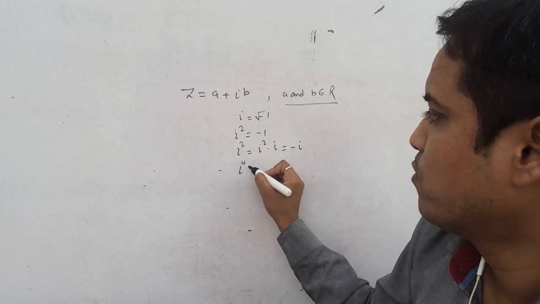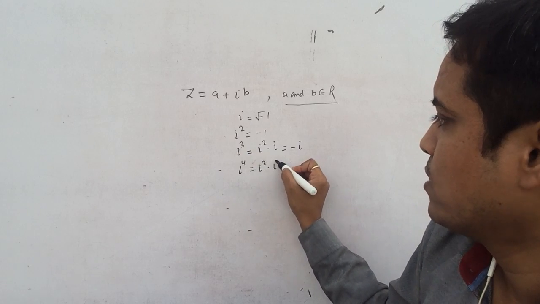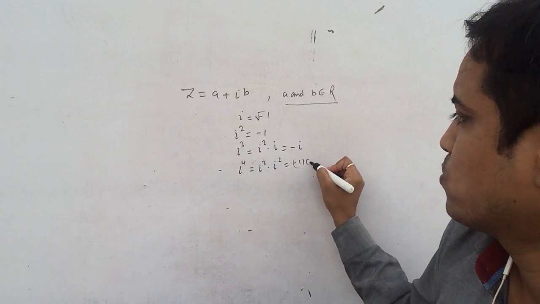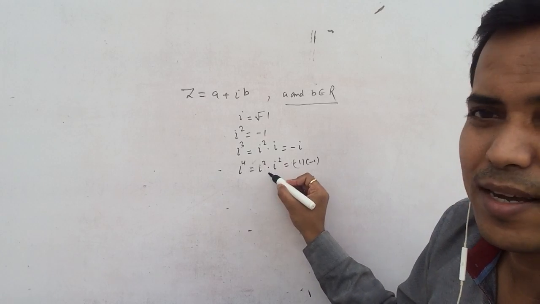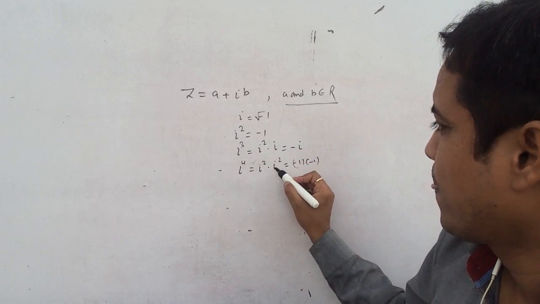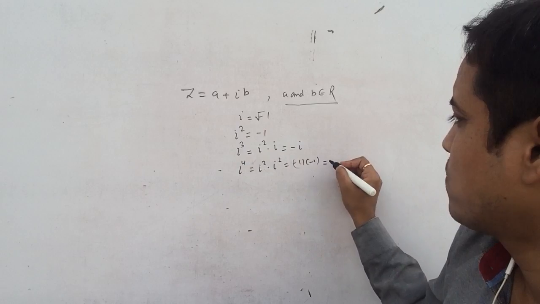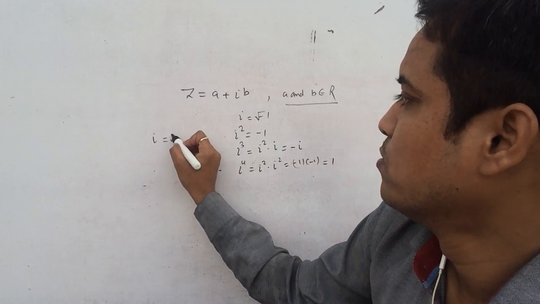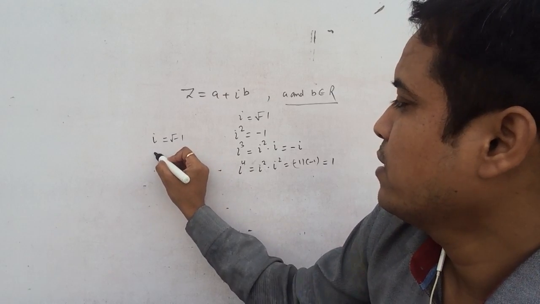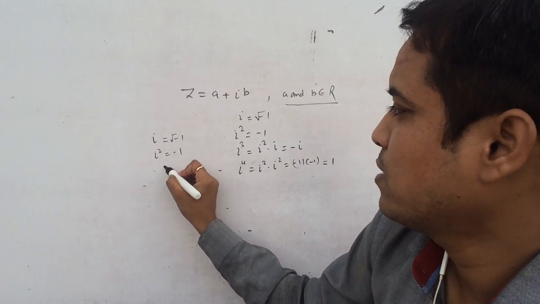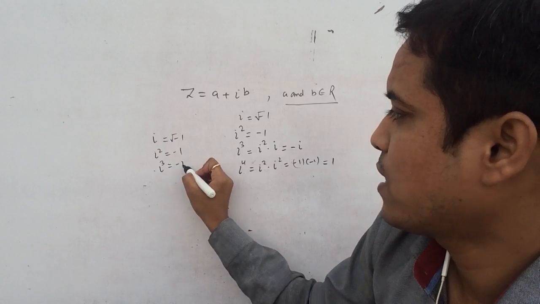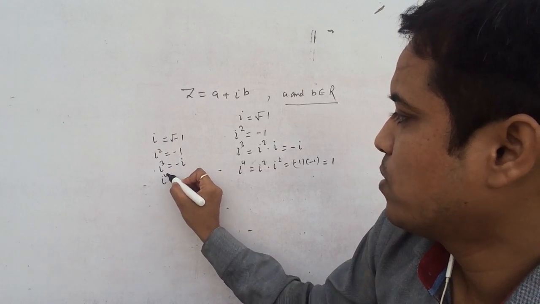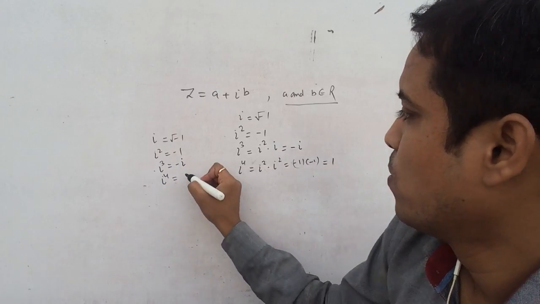What is the value of i to the power 4? It is i square into i square, that means minus 1 into minus 1, which is 1. In this way, i is equal to root minus 1, i square is minus 1, i cube is minus iota, and i raised to power 4 is 1.